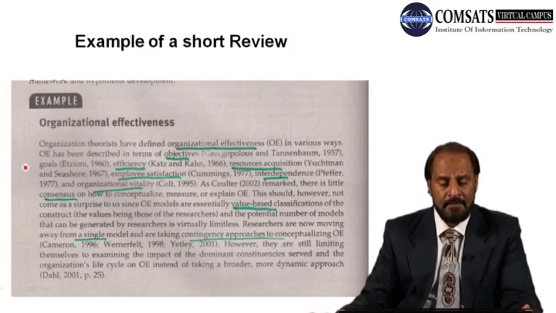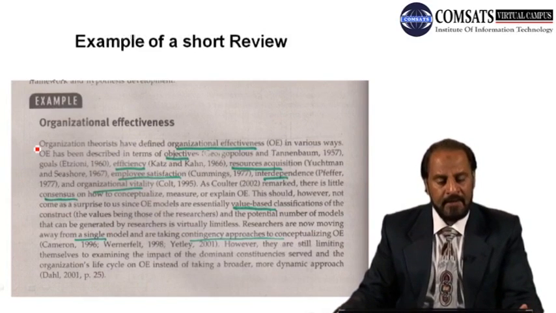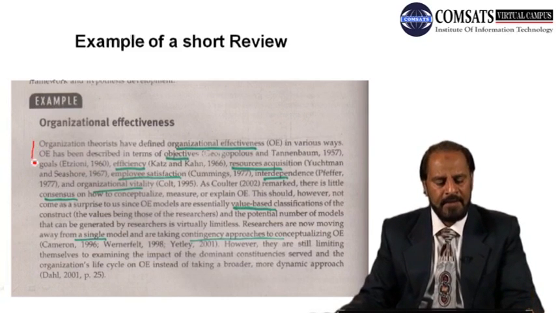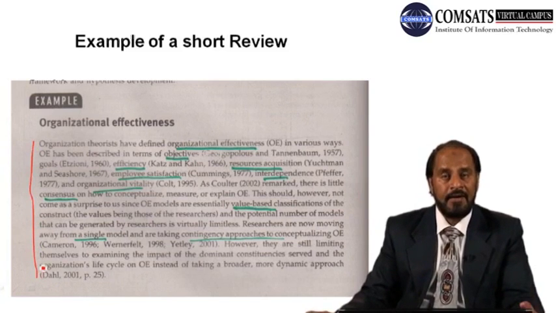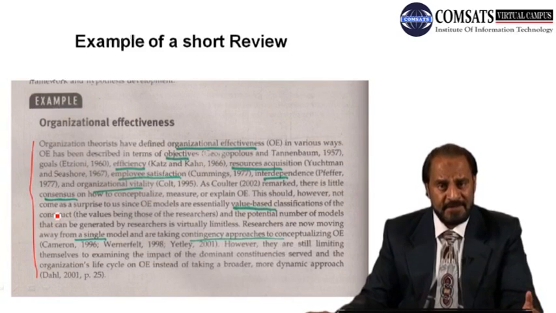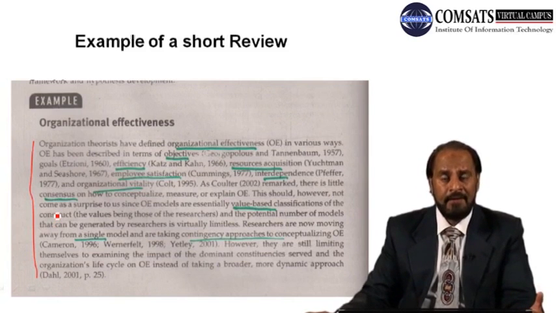Let's have a look at an example here quickly, where the authors have condensed a literature review. As I said, they're trying to reference and arrange this review in a structured manner.